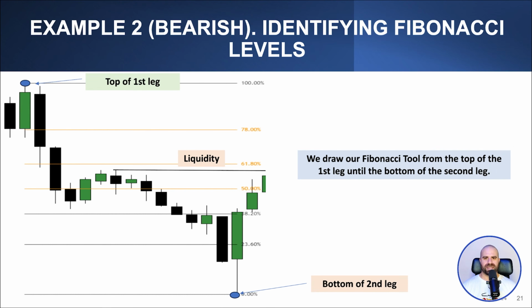Let's move one step forward. What did we say that we are doing? We are taking our Fibonacci tool and we place it on top of leg number 1 until the bottom now of leg number 2. There you go. And with these two small blue circles, I am identifying the top and the bottom of the legs: the top of the first leg and the bottom of the second leg.